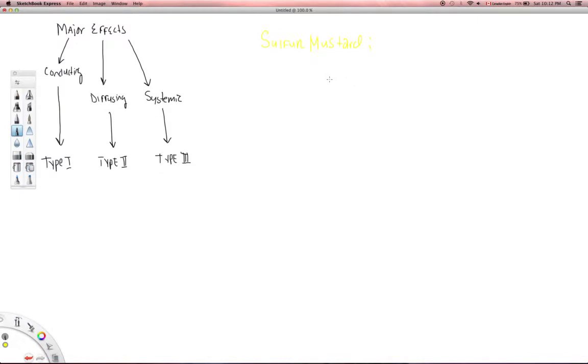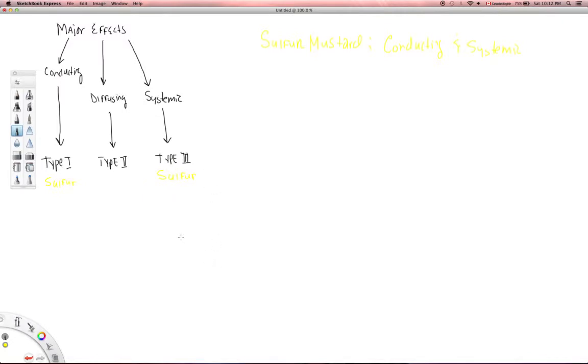Since that's a major agent, particularly when we talk about the history of chemical agents. So sulfur mustard acts both in the conducting and the systemic. So sulfur mustard acts as both a type 1 and type 3 agent.